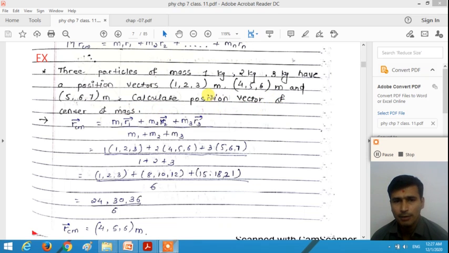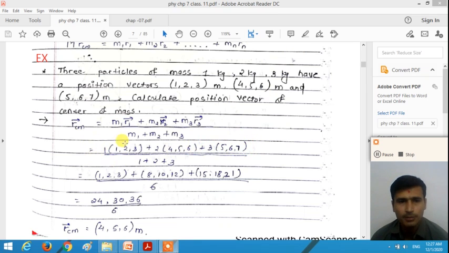So from the above formula, RCM is equal to M1R1 plus M2R2 plus M3R3 divided by M1 plus M2 plus M3, and we can easily calculate the position vector of the center of mass, right? So here M1 is 1 kg, R1 is 1, 2, 3, plus M2 is 2 kg, R2 is 4, 5, 6, plus M3 is 3 kg and R3 is 5, 6, 7. So first, how can we calculate this?